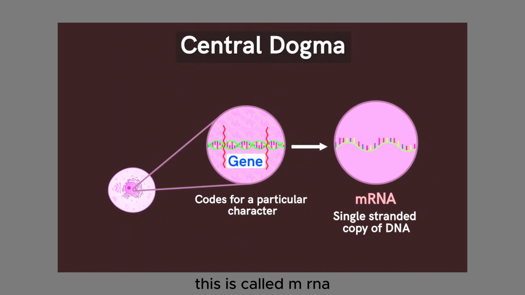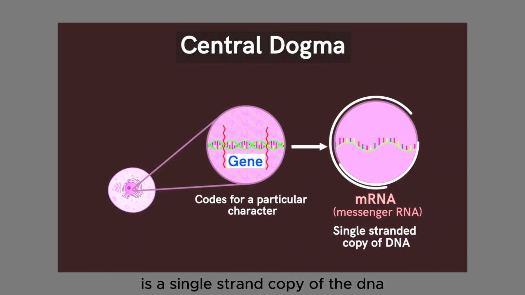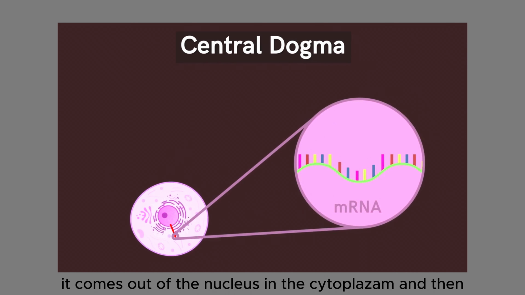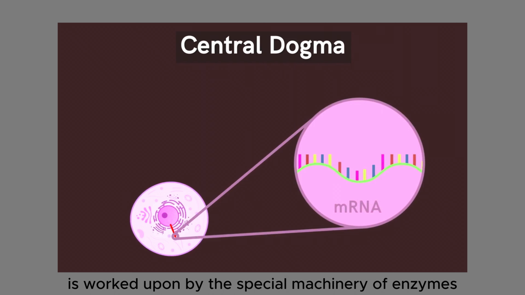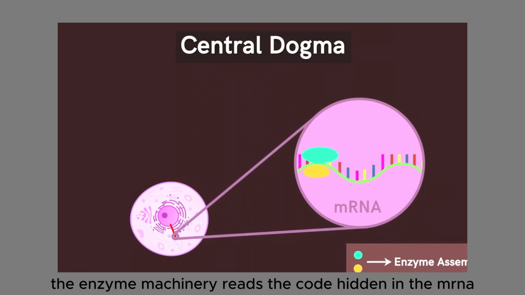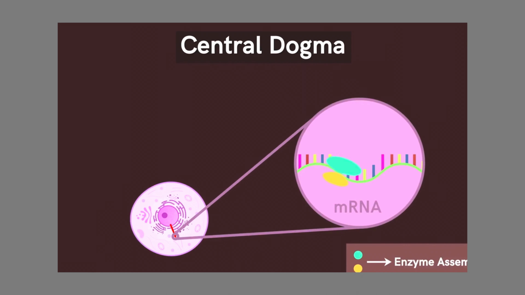This is called mRNA. This mRNA, that is the messenger RNA to be precise, is a single strand copy of the DNA. It comes out of the nucleus into the cytoplasm and is then worked upon by a special machinery of enzymes. The enzyme machinery reads the code hidden in the mRNA and synthesizes proteins accordingly.